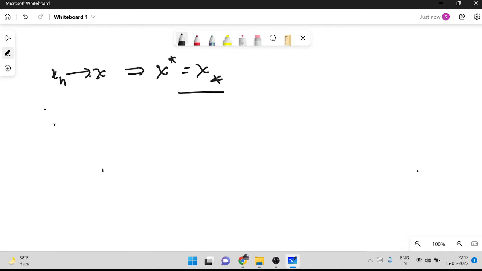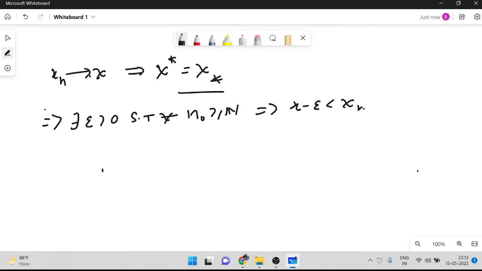So now we have xn converges to x, which implies there exists an epsilon greater than 0 such that for every n naught, for every n greater than or equal to n naught, x minus epsilon is less than xn, which is less than x plus epsilon. This is basically what we get from our convergence definition.